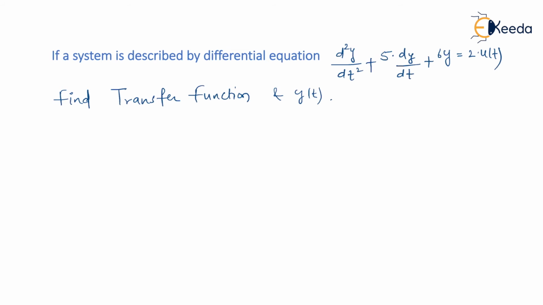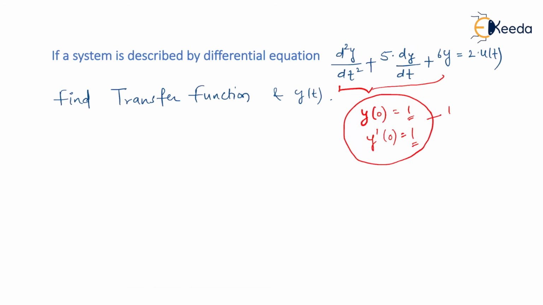So in future, if you see some initial conditions like y of 0 equal to 1 or y dash of 0 equal to 1, again these numerical values can be anything. Try to understand what I'm trying to say. These are nothing but initial conditions.